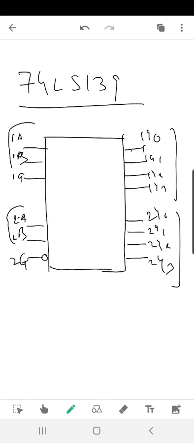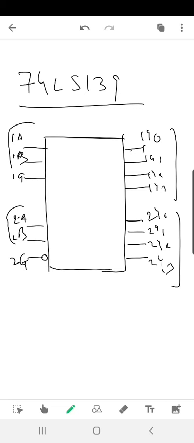This G pin, G represents our enable signal. So 1G will be used when we have to work this decoder IC as an active high decoder, and 2G will be used when we need to work this decoder as an active low decoder. So 1G and 2G are actually our active high and active low inputs for this decoder. Fine.